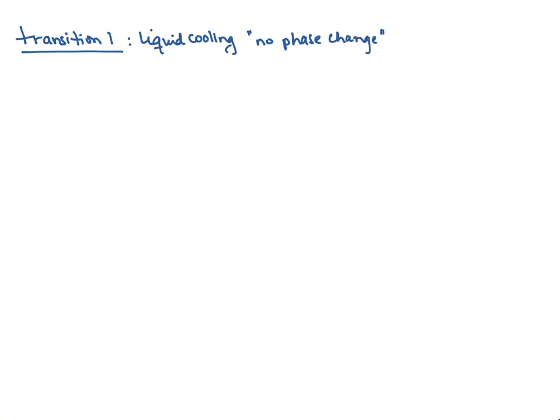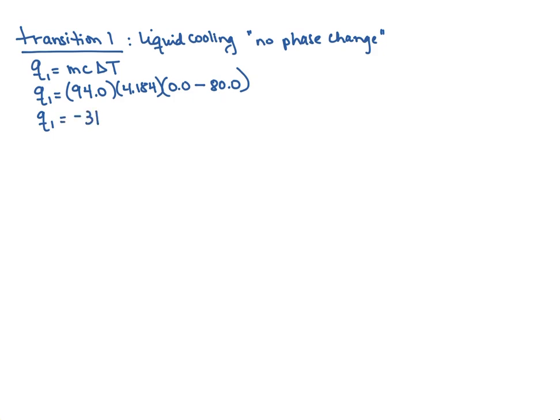If there's no phase change, then I can go ahead and use the formula that I'm familiar with, Q equals M times C times delta T. We are in the liquid phase, so I'm going to use the specific heat for liquid water. Go ahead and plug in my numbers. Delta T is going to be final minus initial. So Q1 is negative 31,500 joules.